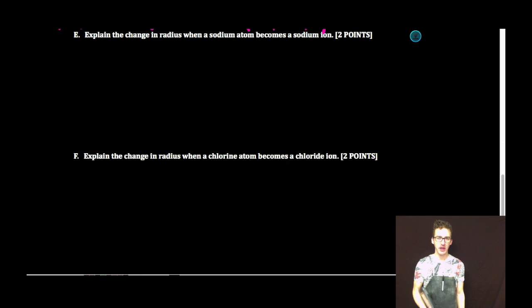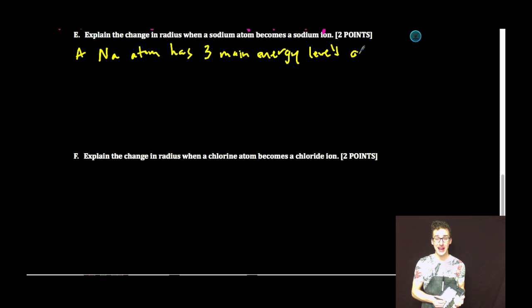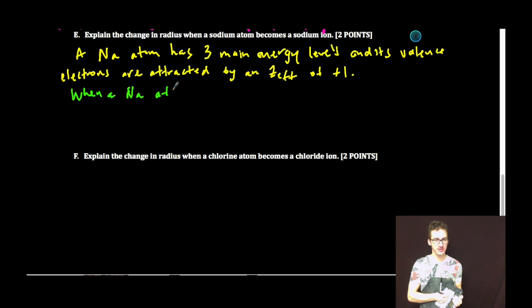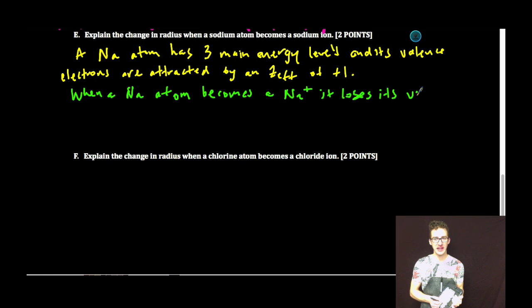Part E. Explain the change in radius when a sodium atom becomes a sodium ion. A sodium atom has 3 main energy levels, and its valence electrons are attracted by an effective nuclear charge of +1. When a sodium atom becomes a sodium ion, it loses its valence electron and a main energy level.